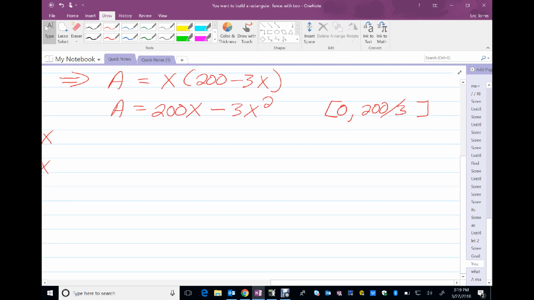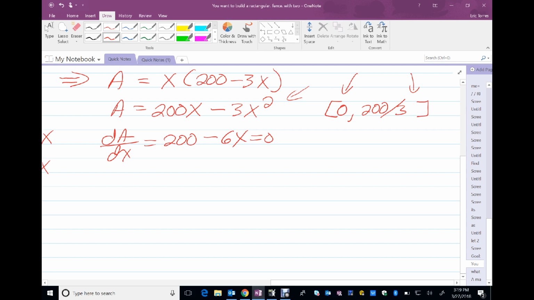Now, next step. I have my end values on my interval. I have a continuous function, because this is a parabola, which you know is continuous from negative infinity to positive infinity. I'm going to take the derivative and I'm going to set it equal to 0 to find the critical points.